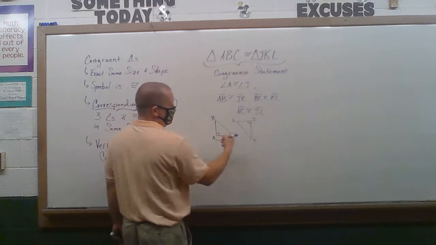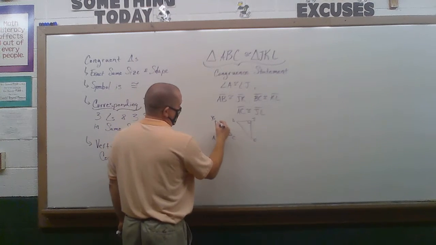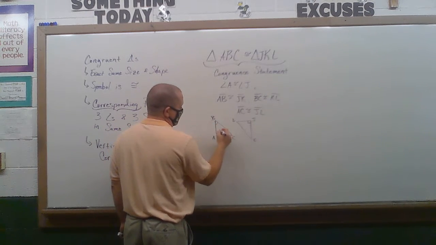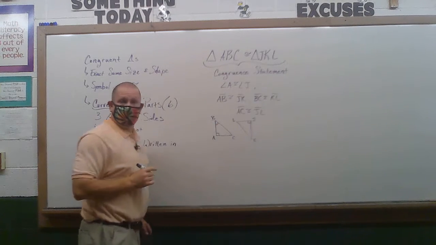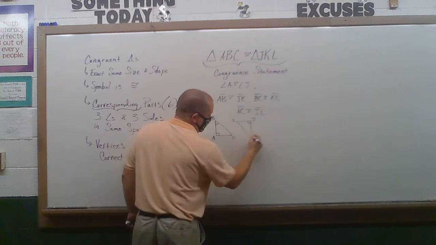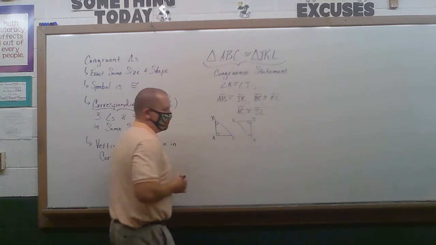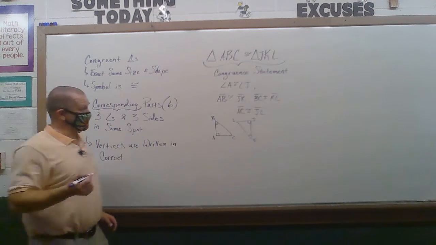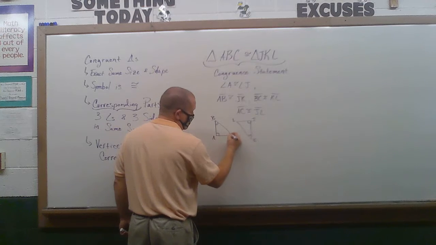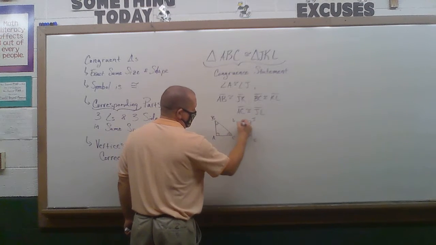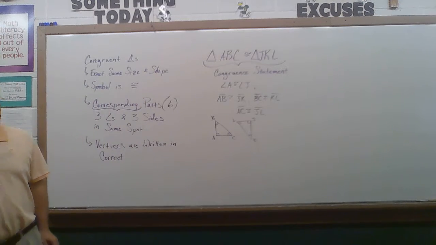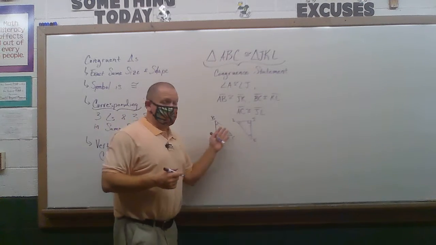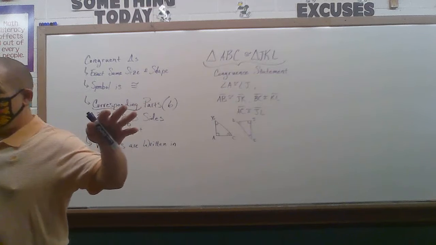And then we're saying that B and K are the same thing. So now I can use an arc, or maybe I use two arcs because maybe we don't want to confuse the arc with the box. But if I have two arcs here, then I'm going to have two arcs over there. And then the last one I would put either just one, or I could have three arcs, and I have three arcs over there. And then, so the arcs show the angles that are congruent to each other.